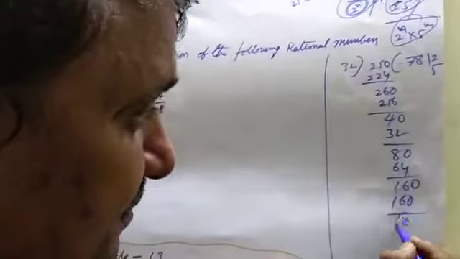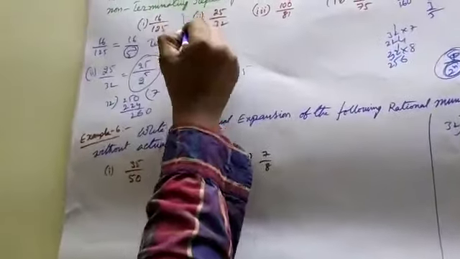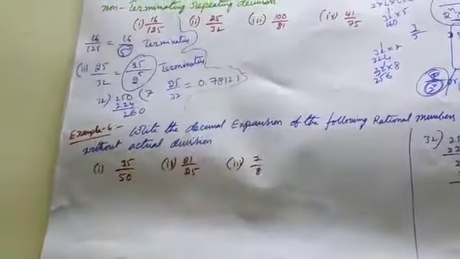It has remainder 0. Remainder 0 means terminating.